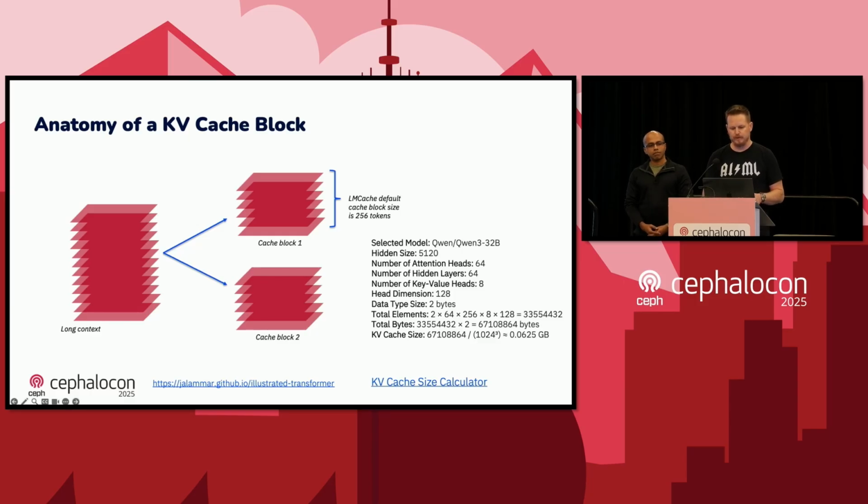I won't go into all the details here, but the hidden size, the number of KV value heads, the head dimensions, and the precision of the model all impact the amount of KV data you need per token. For one example, a Qwen3 32 billion parameter model needs about 62-ish megabytes of data for a cache block of 256 tokens.